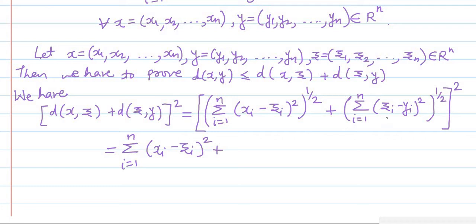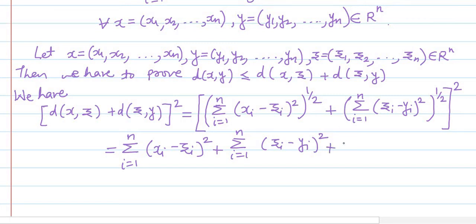Similarly, the square of the second term will be the summation over i equal to 1 to n of (zi minus yi) square.